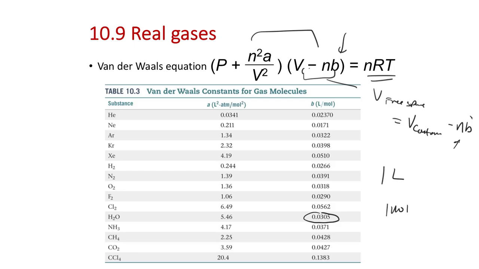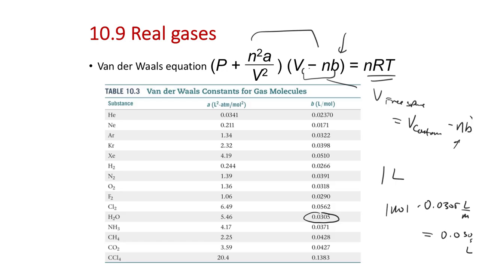So 1 mole of the water times 0.0305 liters per mole says that gas is going to occupy 0.0305 liters. So if we had 1 mole of water vapor inside of this 1 liter container, then the particles are occupying just about 3% of the volume of the container.